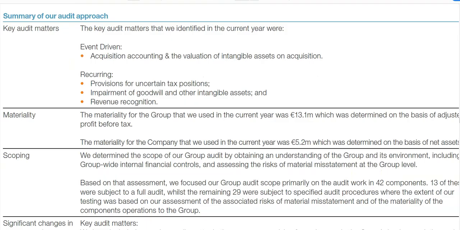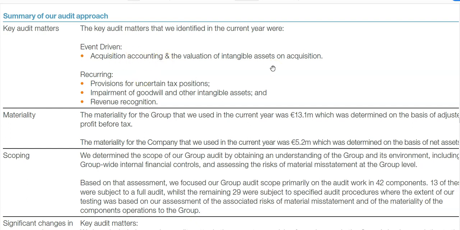And an example of them in Glanbia's annual report for 2018 were intangible assets and acquisition, provisions for tax, impairment of intangible assets, and revenue recognition. So all areas where there is quite a lot of potential for misstatement, and the figures are quite big.